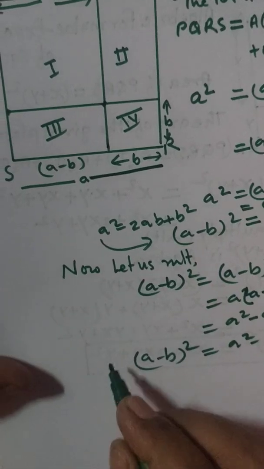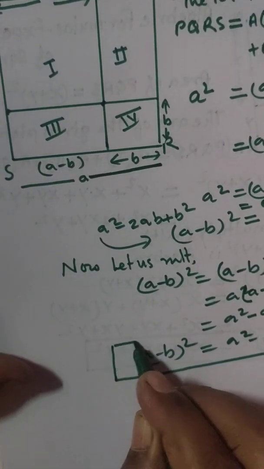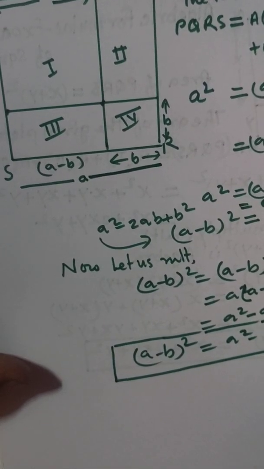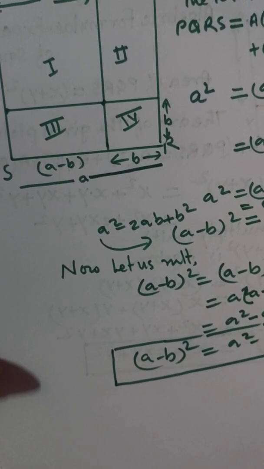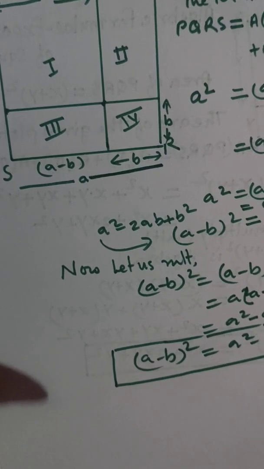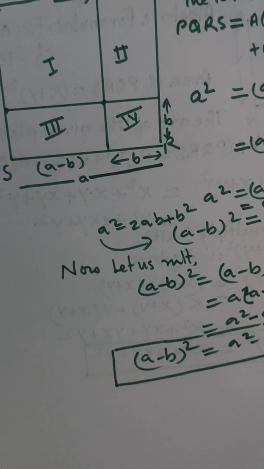This is the second formula of square expansion, expansion of square. This is the second formula, and you must remember these two formulas. First one, A plus B whole square is equal to A square plus 2AB plus B square, and second one is A minus B whole square is equal to A square minus 2AB plus B square.